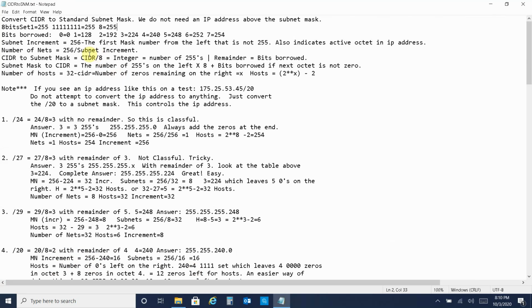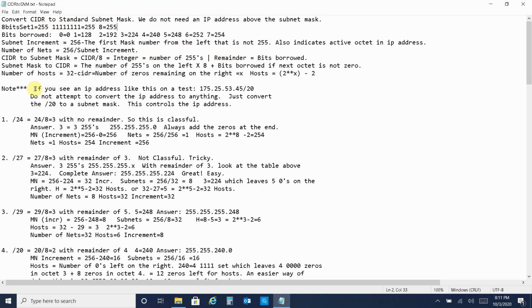You're going to take whatever that CIDR is, that /20 or whatever it is, and divide it by 8. You're going to get an integer, and that gives you the number of 255s you need. And the remainder is the bits borrowed. Okay? So what we're doing here is CIDR to subnet mask.